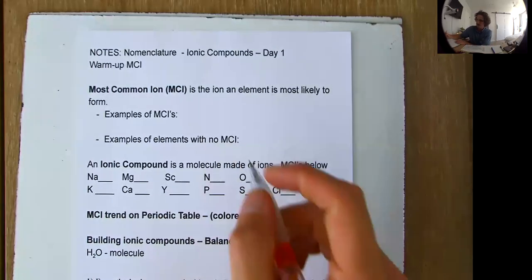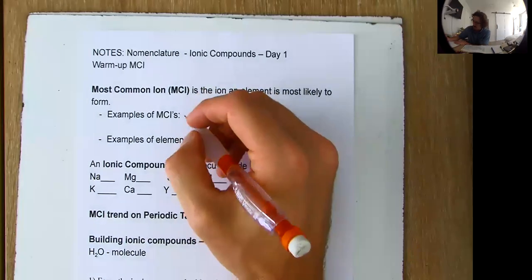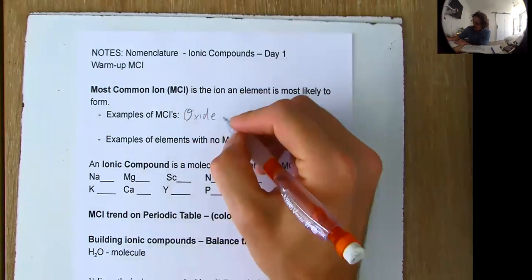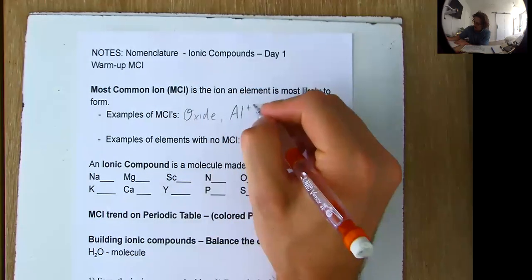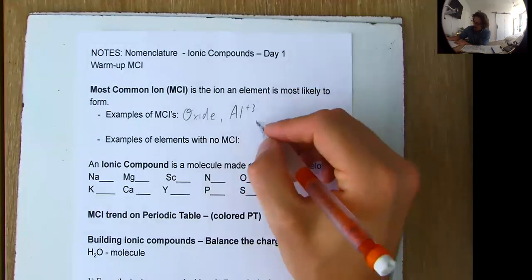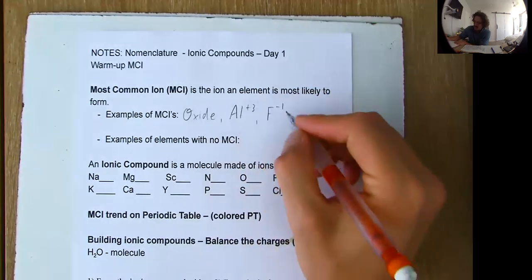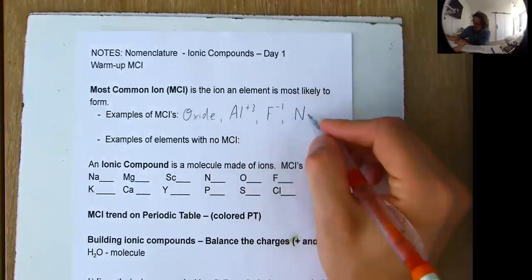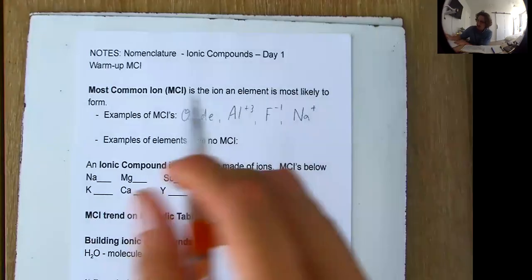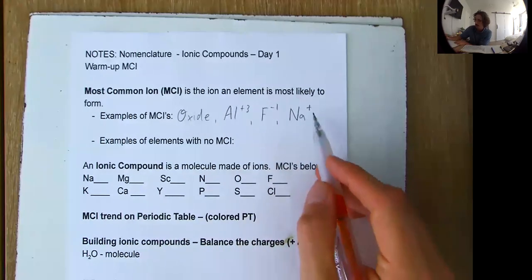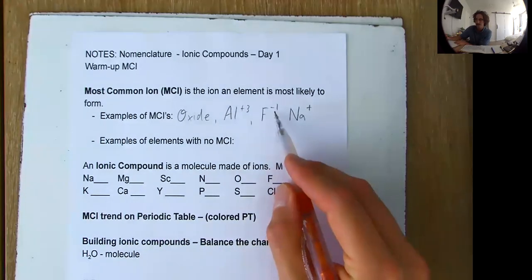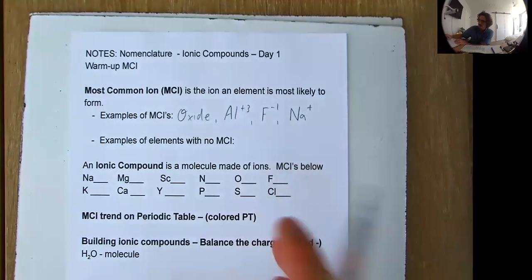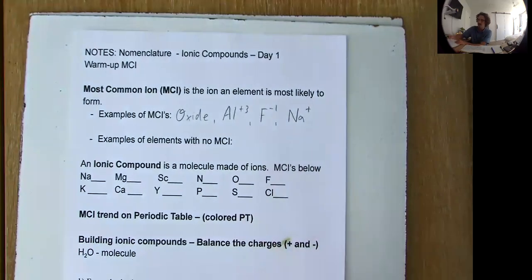Examples of most common ions that we've already talked about: oxide, aluminum ion, fluoride ion, sodium ion. Sometimes they just write the plus without putting a little +1, or sometimes they write the minus without putting a -1, because the 1 is just shown by the plus right there. Okay, so these are all examples of most common ions.